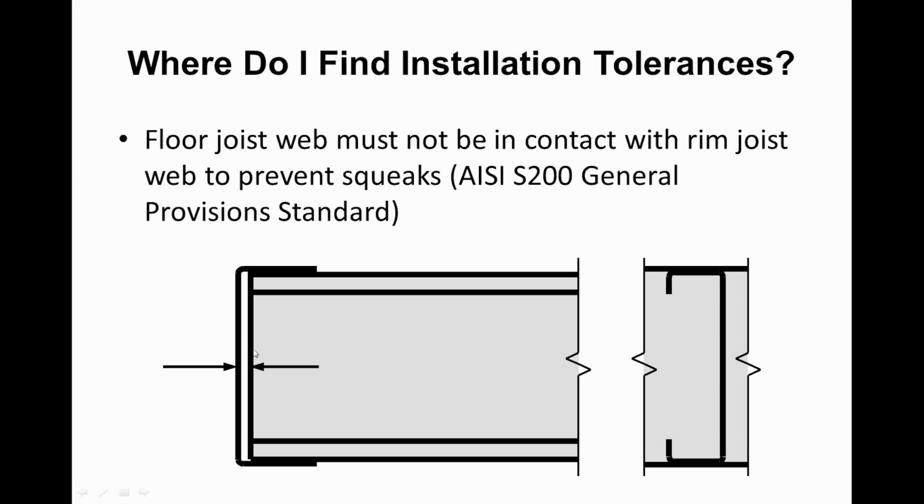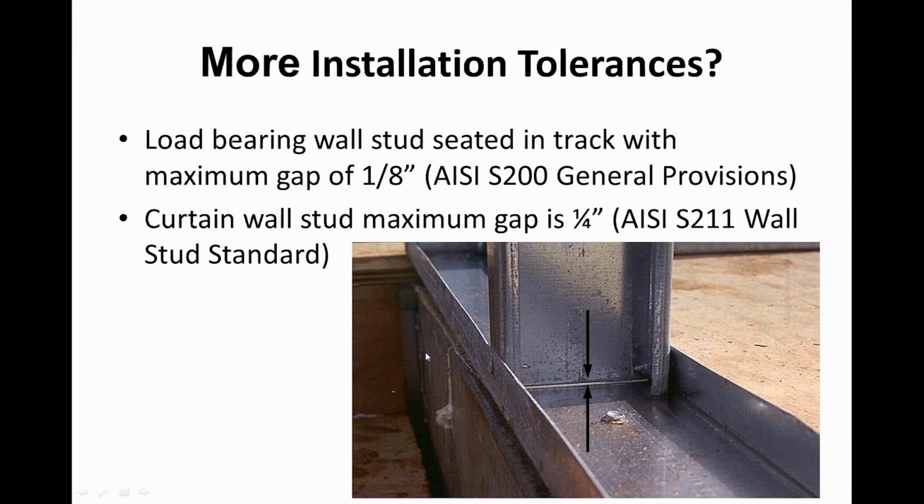So that is the reason for this tolerance requirement. From a design perspective, for engineers on the webinar, this is my critical dimension right here, because that's defining my end dimension for web crippling as I evaluate this joist. So this is one tolerance. Another tolerance: I've got an axially loaded stud here. So this is a load-bearing application nested into the track section, as we see here. Obviously, I've got a gap.